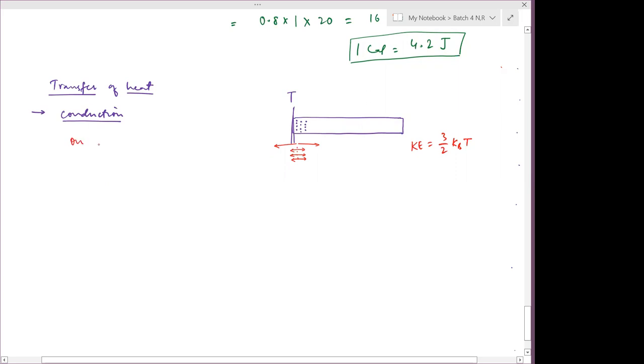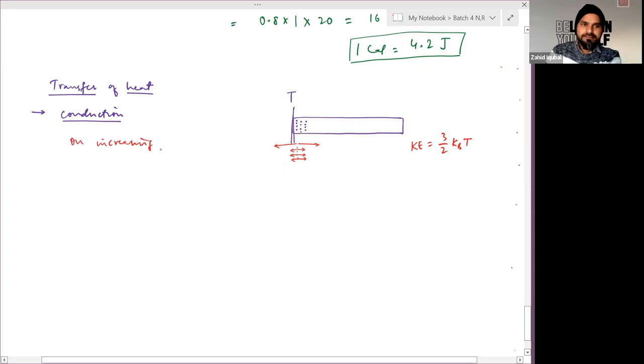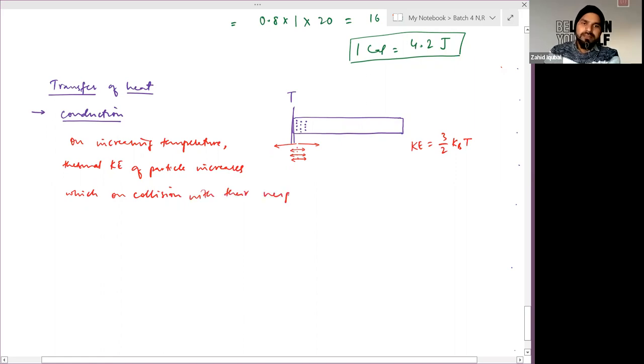So you'll say, on increasing temperature, the thermal kinetic energy of particles increases, which on collision with their neighboring particles transfers some of their energy.